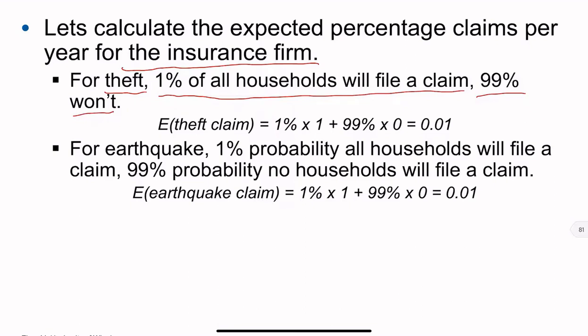So the expected value of theft claim is, with 1% of households, there is this claim. With 99% of households, there is no claim. So the expected theft claim is just 1%.